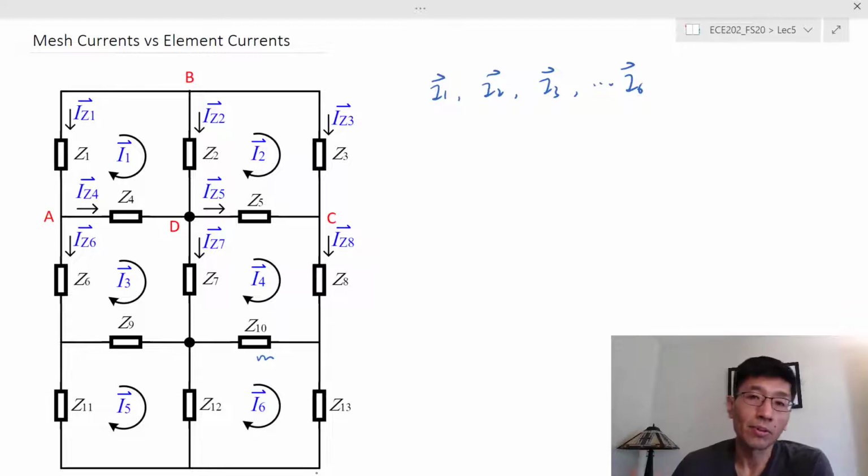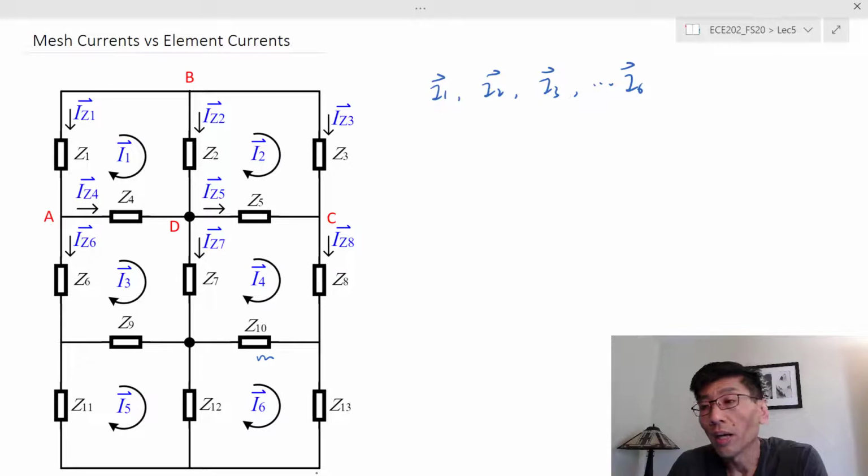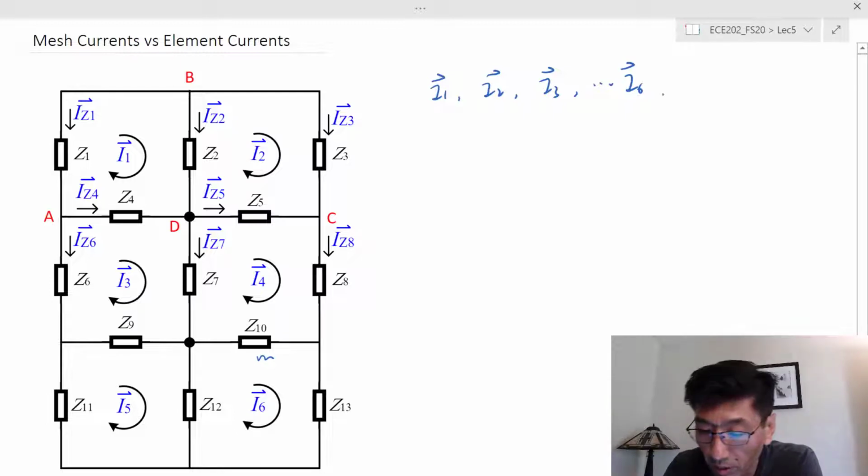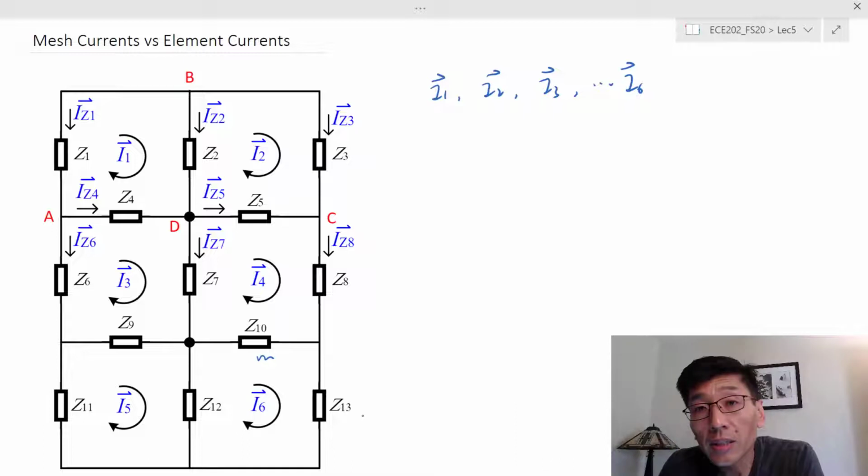The reason we don't want to solve for the element currents directly is that there are too many equations to solve if we do that. Instead we want to use the mesh currents, and there are fewer of them. You see we only have 6 mesh currents. I have 13 elements, so instead of solving 6 equations simultaneously, you may need to solve 26 equations if you use the element constraints.